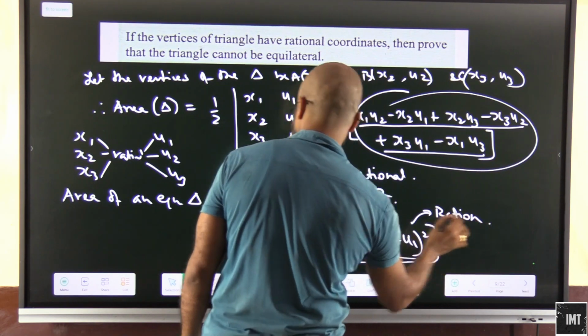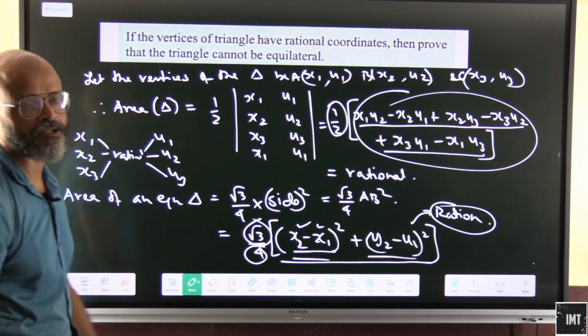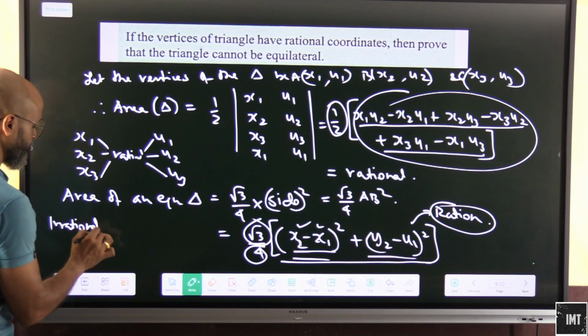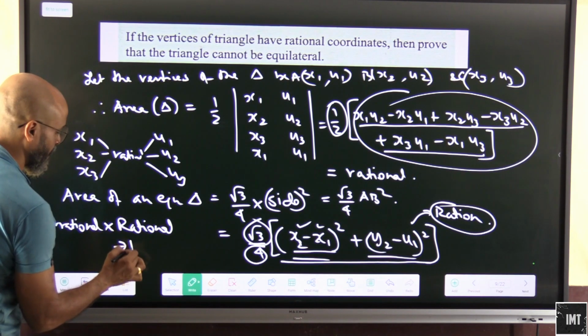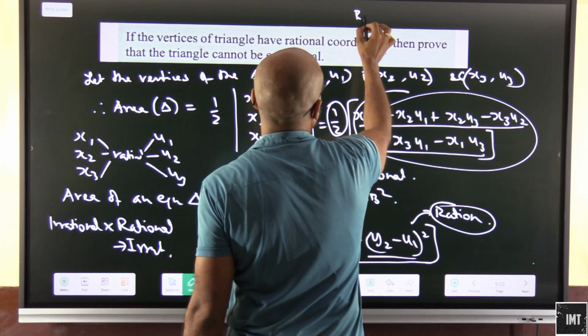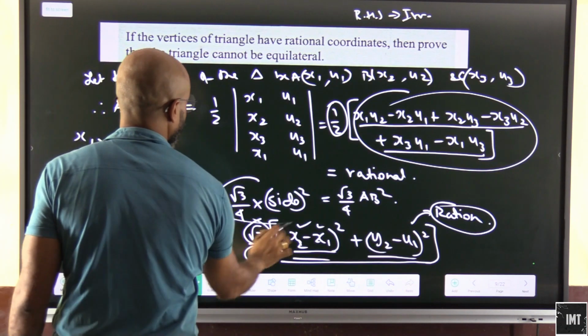Now understand this. This is rational, however under root 3 is irrational. So we know that an irrational number, when multiplied by a rational number, will give you an irrational result. So in RHS we have an irrational result.